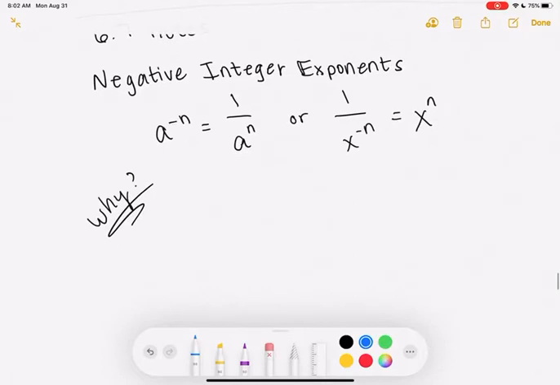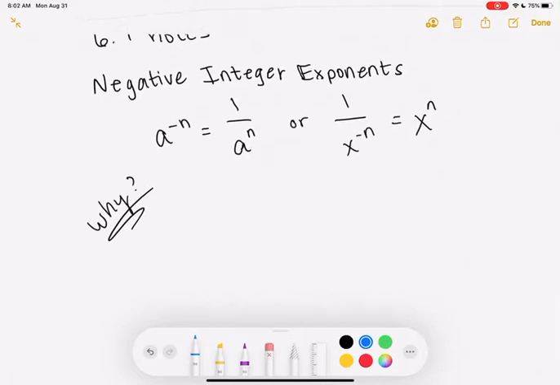So for example, if we had x cubed over x to the fifth, we know from section 6.6 that we could subtract those exponents and we would get x to the negative 2.